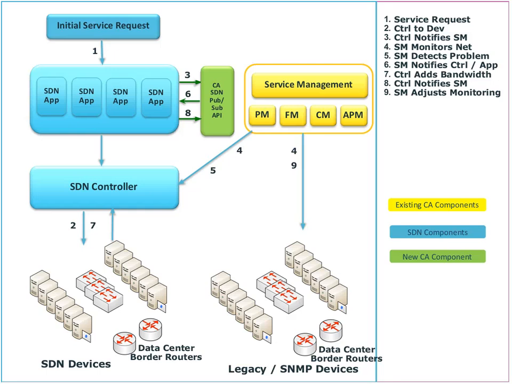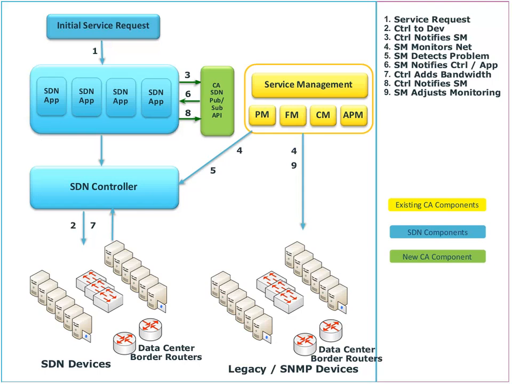As you see by the numbers on the lines, an initial service request comes in at the top and gets decomposed by the applications down to the controller, and the controller pushes that configuration down to the SDN devices below. And then at some point, the SDN ecosystem needs to notify service management that a new circuit has been provisioned. That's line number 3 in this drawing. So it notifies that through this API. So now service management is kept up to date with the moment-by-moment real-time provisioning of applications, services, circuits, all those things in the network.